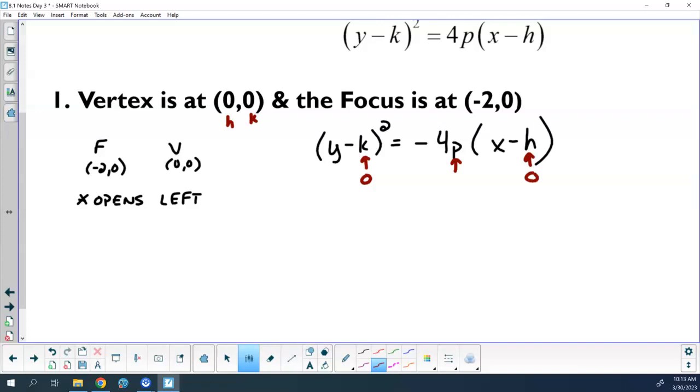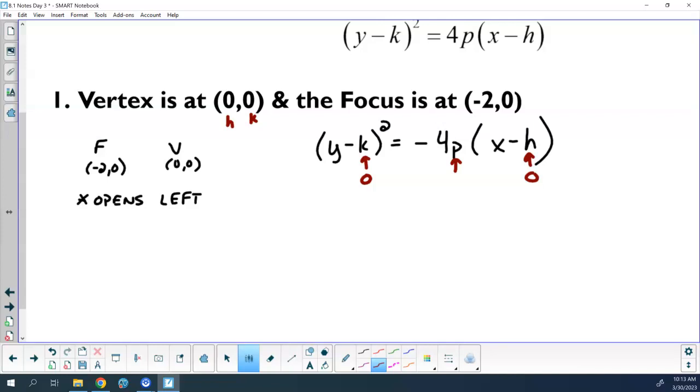Now I just need to find p. Well, what is p again? Exactly. The p is either the distance from the focus to the vertex or from the vertex to the directrix. Do I have either one of those?